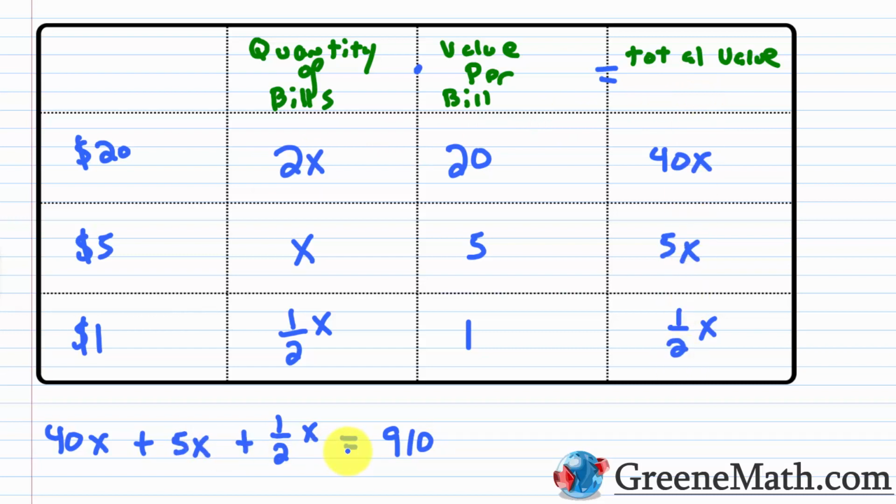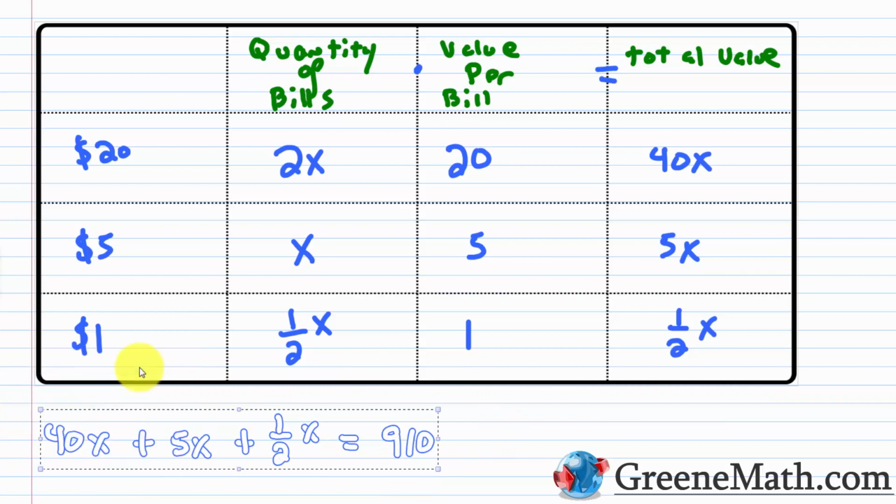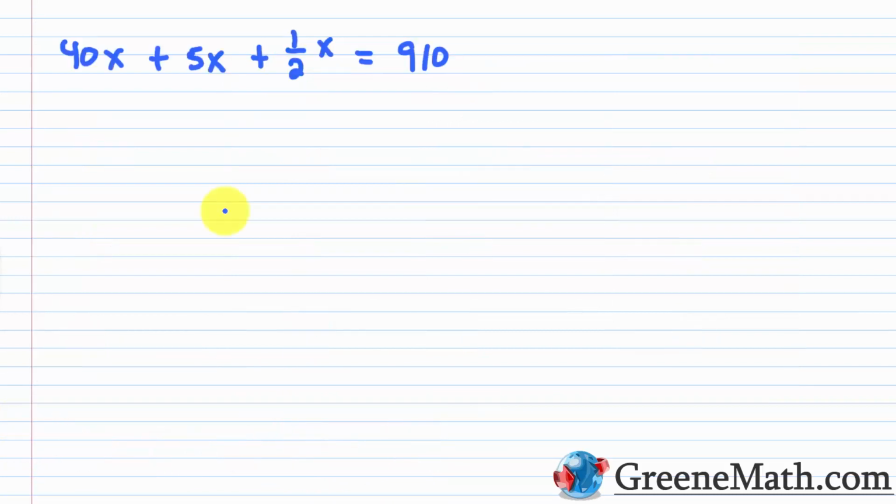So you've got to go through and make this setup here. Otherwise, you're not going to get the right answer by just going through and saying, okay, I have 2X plus X plus 1/2 X and setting that to 910, because you're not setting a value equal to a value, okay? That doesn't work. So let's go ahead and solve this guy. I'm just going to copy this and go to a fresh sheet. All right, so what I can do, 40X plus 5X is 45X. Then plus 1/2 X equals 910. If I want to clear that denominator, let's multiply both sides of the equation by 2.